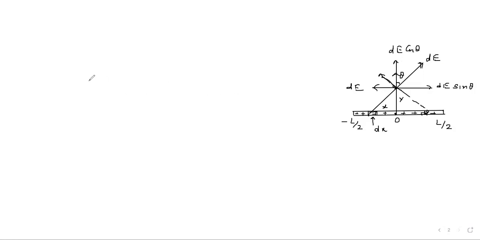So first we write lambda, which is charge per unit length. So charge Q is distributed over length L, and for the element dx, say length is dx, the charge will be dq, and that will be lambda dx.